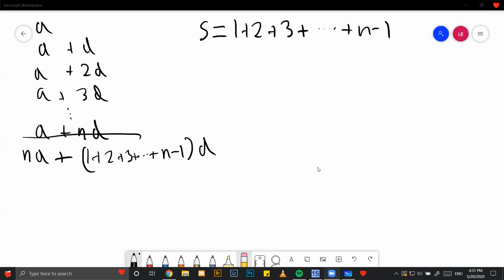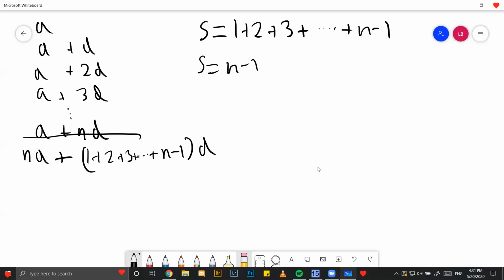So what you basically do is write the same series again, but in the inverse order, like this. And then you add both of them up. Okay, so you get 2s is equal to n added to n. 2 plus n minus 2 will also be n, and it will be n that many times.